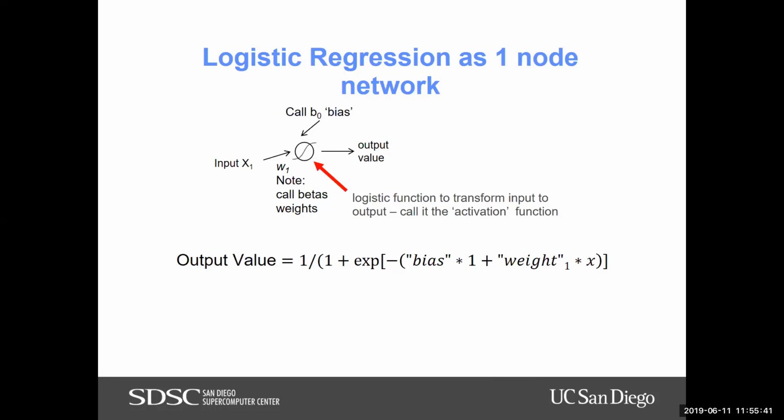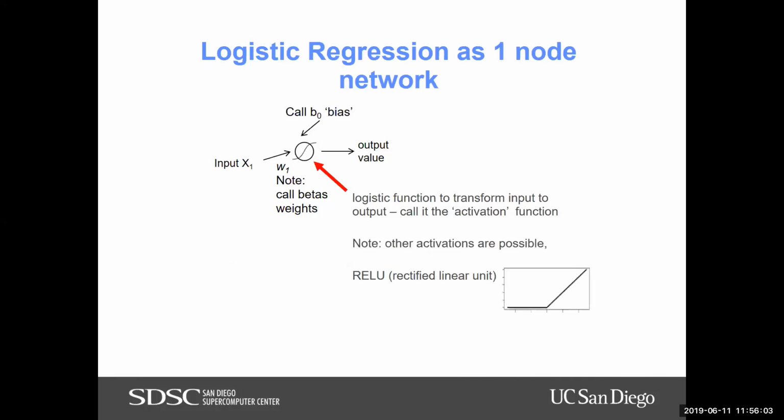Here in my graph, it's a weight on the input line. The input line is going into a node where the node is creating a transformation and producing an output value. And we call it an activation function. So just by changing terminology, I can make it look like a graph.